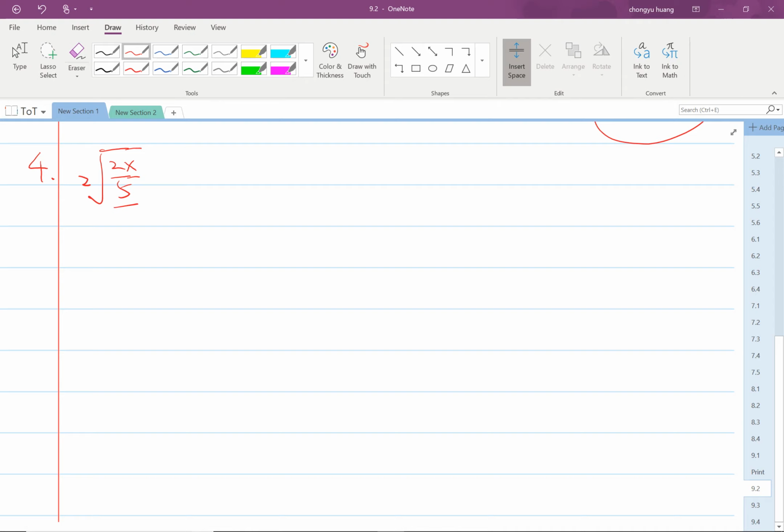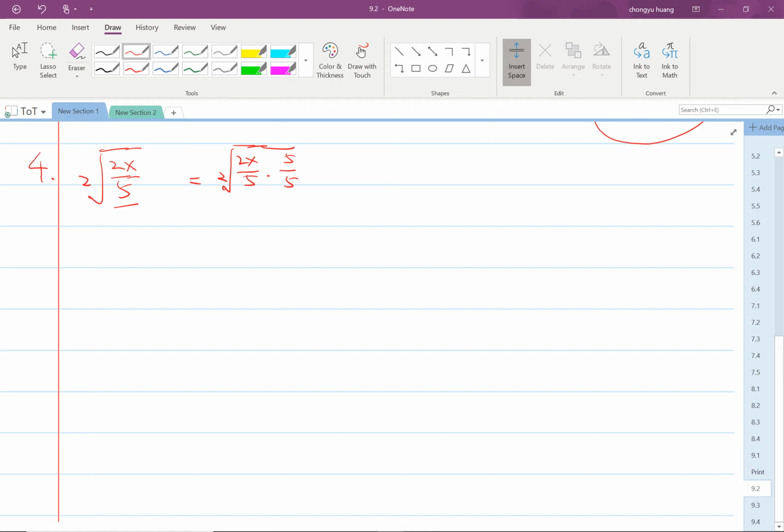Because we want to simplify it, you basically multiply by 1. You want to make sure it is equivalent, so you multiply by 5 over 5, which is equal to 1.